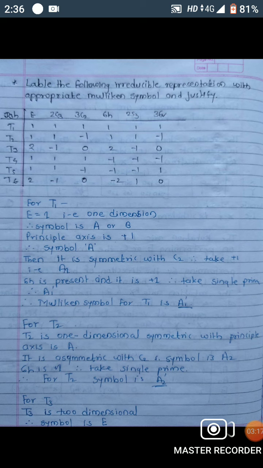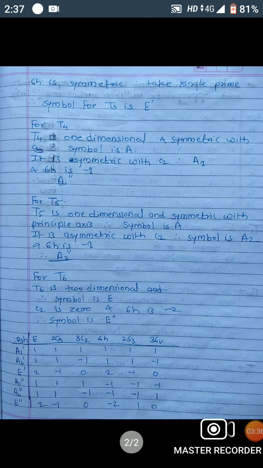Symmetrical to the principal axis, therefore we take the capital A. Symmetrical to the subsidiary axis, therefore we write 1 at the subscript, and it is unsymmetrical to the horizontal plane, therefore we take the double prime. Sigma h is minus 1, and when it is minus 1 we take the double prime, and therefore the symbol for T4 is A1 double prime.